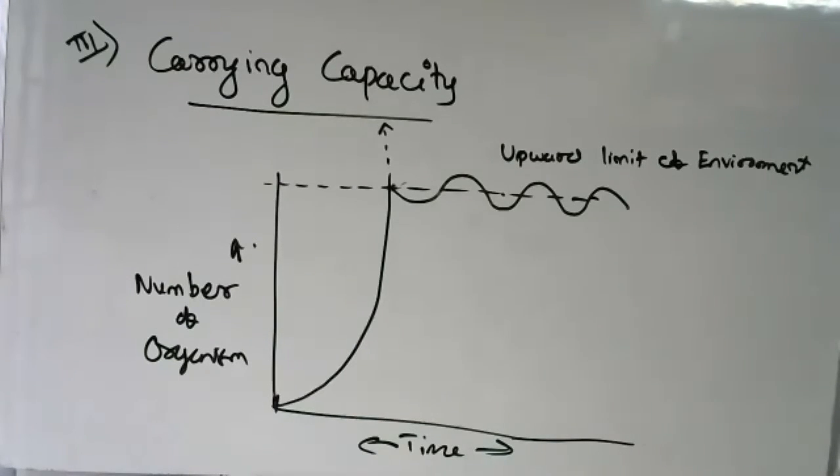Next, right side heading: Population fluctuations and cycles.